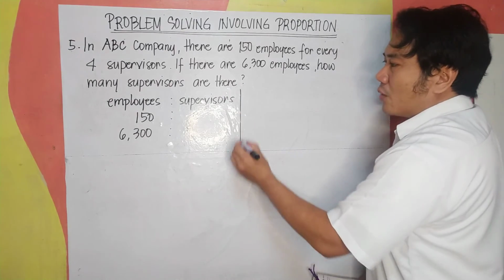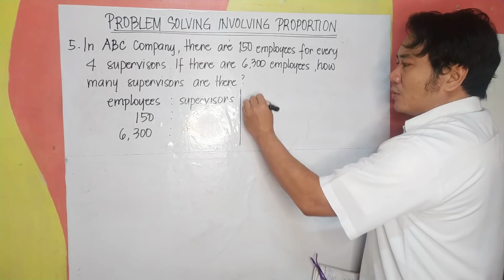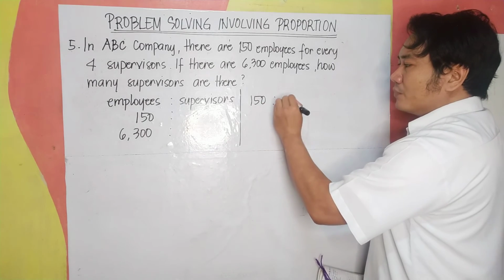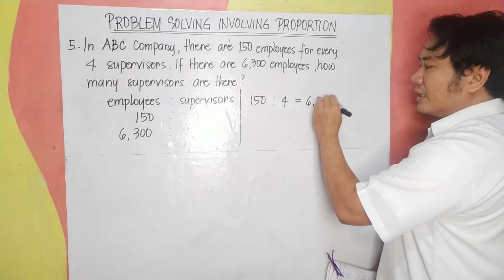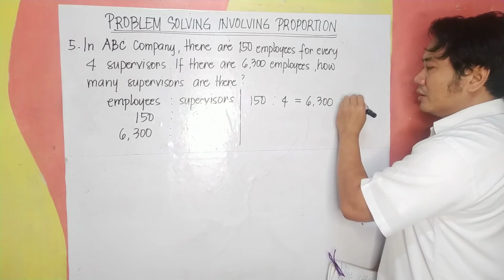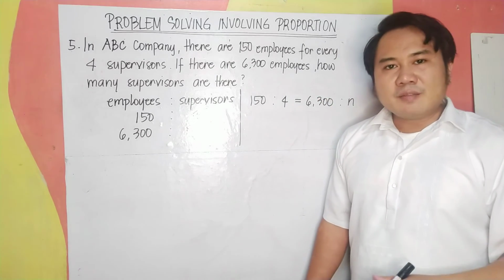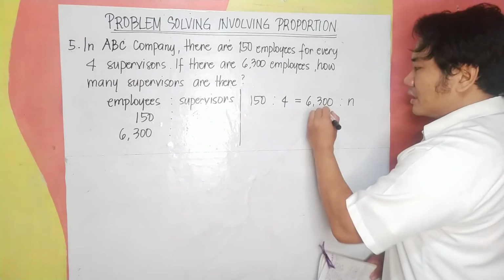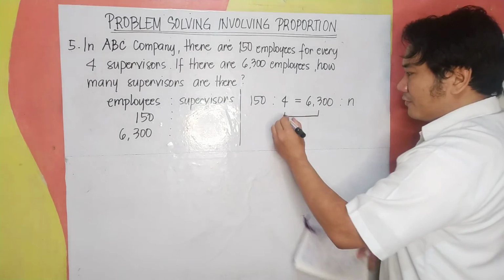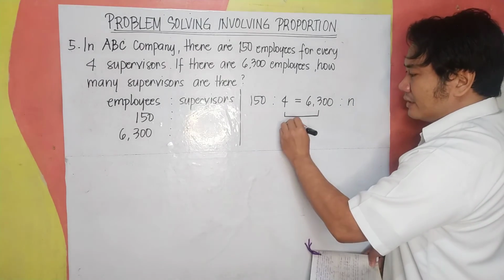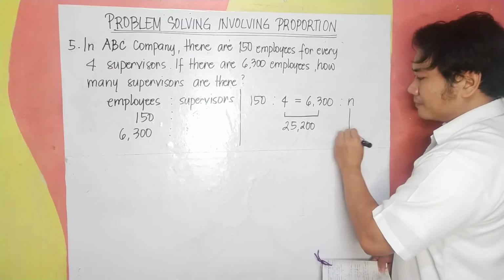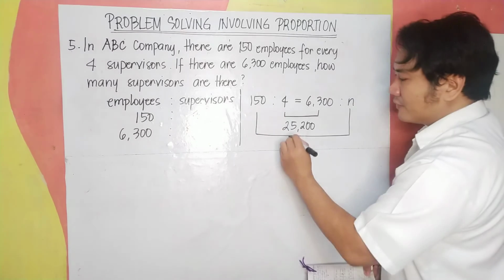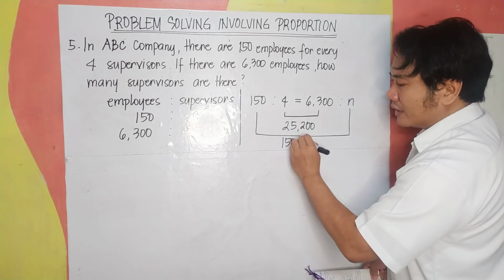Let us write our proportion. That would be 150 to 4 equals 6,300 to n. Solve for n by multiplying the means and the extremes. 4 times 6,300 is 25,200. 150 times n is 150n.